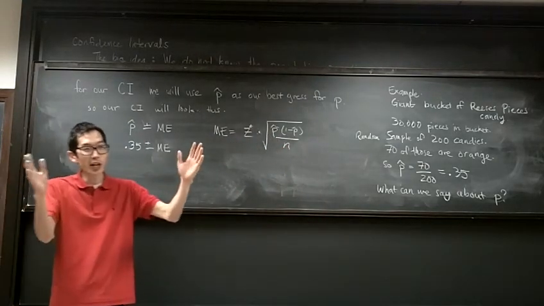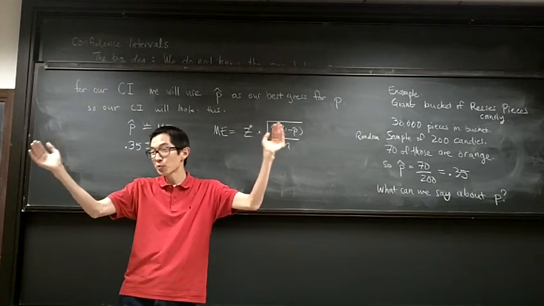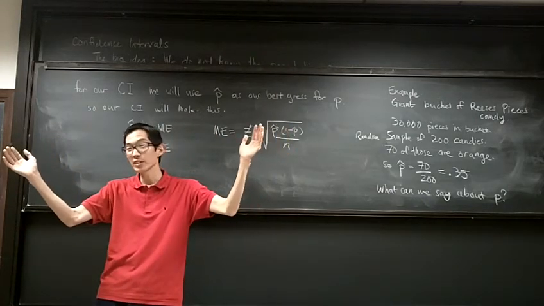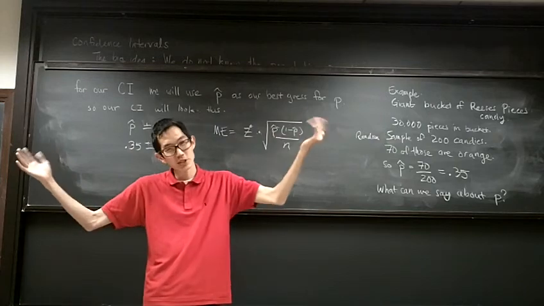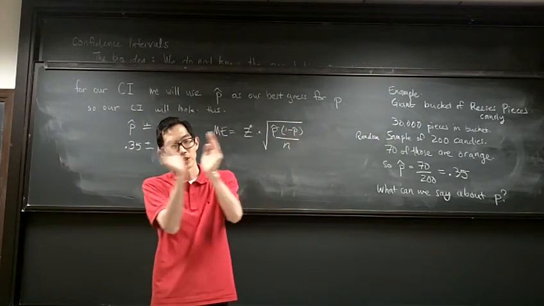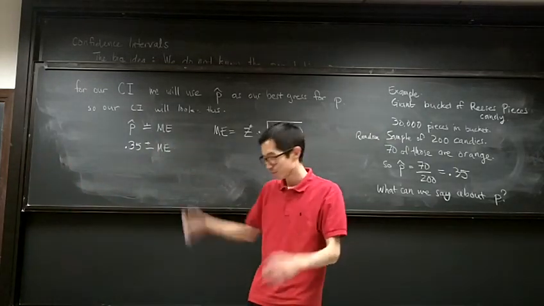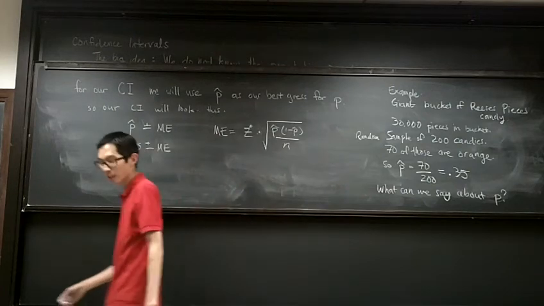So if you want to be more confident, you can make your range wider so you're more confident that the p is in there, okay? But if you make it too wide, it's useless. So you can pick the confidence level, okay?